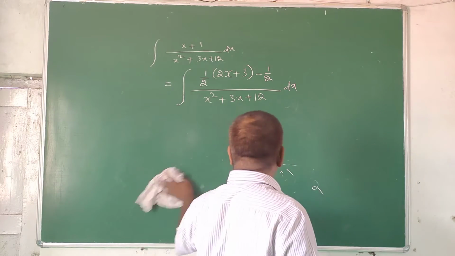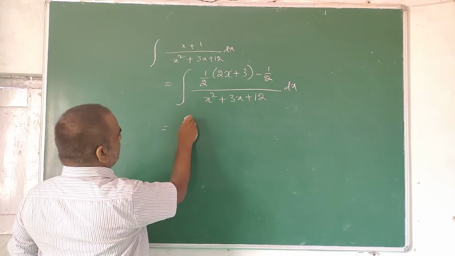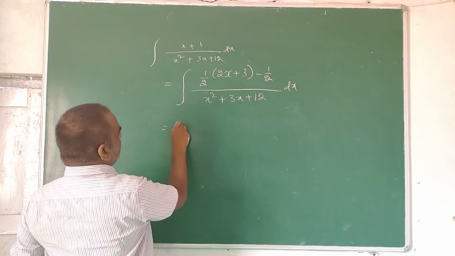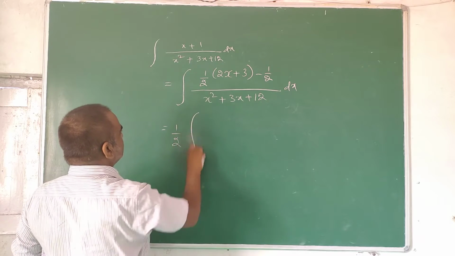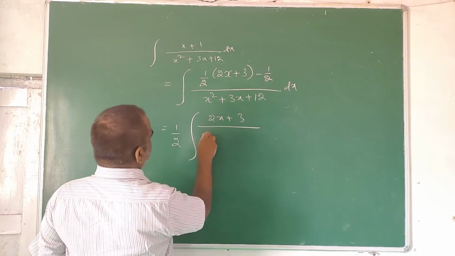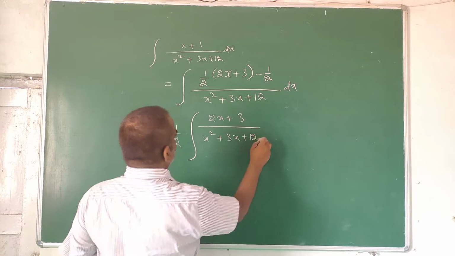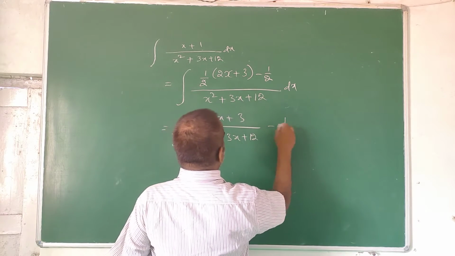Now you have to separate these fractions and as well the integrals. So this 1 by 2 constant you can take outside: integral 2x plus 3 by x square plus 3x plus 12. Again minus 1 by 2 constant outside.